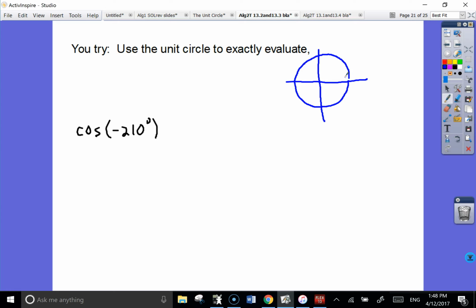Where do you find negative 210? Negative 210 plus 360 is 150 degrees. That's easy enough to find. That's actually the same place we just were. So we're using those same negative root 3 over 2, comma, 1/2. So what is the cosine? Negative root 3 over 2. Done.